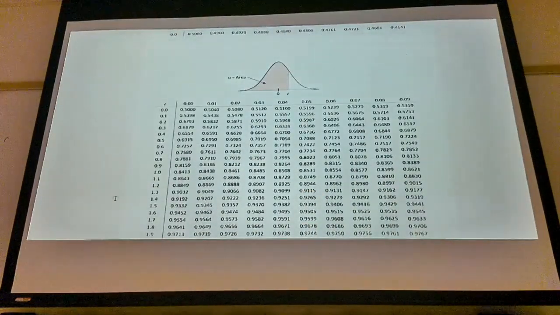So looking for 0.65. That would be the area.